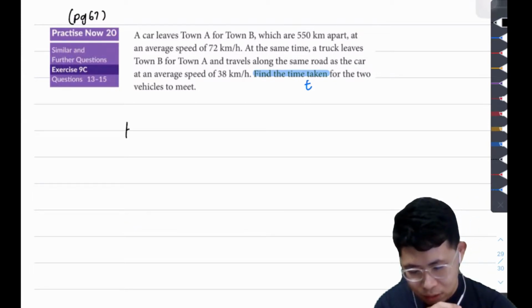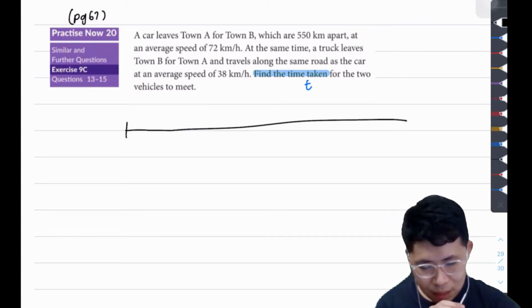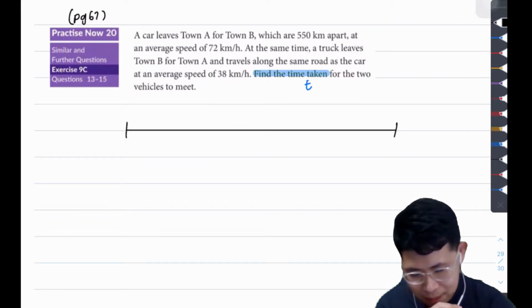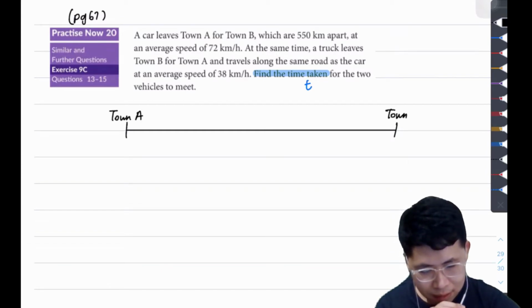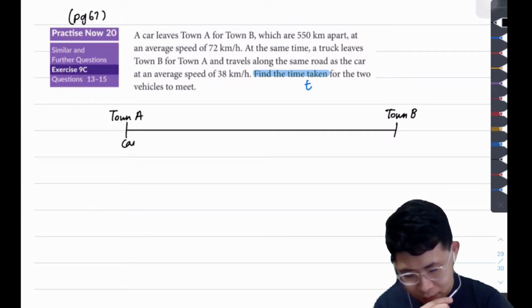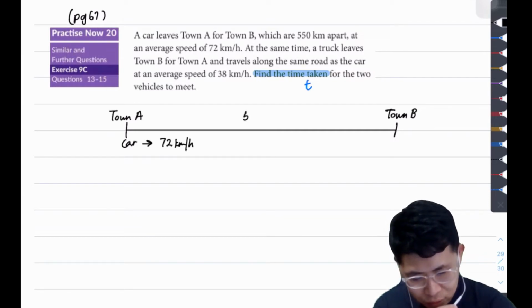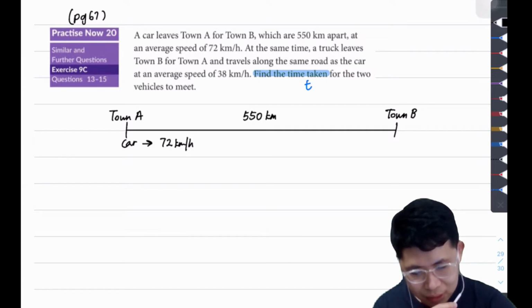So the first thing to take note of is that we need to look for the time taken to meet, which means we're going to use t as our main variable, right? So let's draw out this model over here. We have two towns again, town A and town B. We have a car moving at 72 kilometers per hour, and the full distance is 550 kilometers.